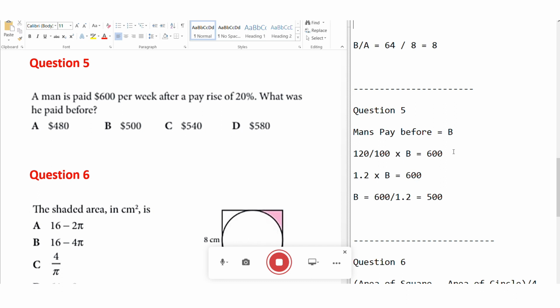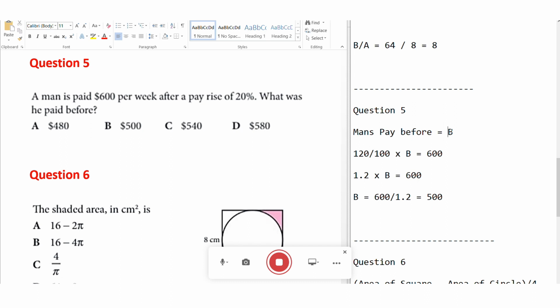So let's assume that the man's pay before was B dollars. We don't know how much he was getting before. All we know is that he got an additional 20%. So his original pay, think of it as 100%.